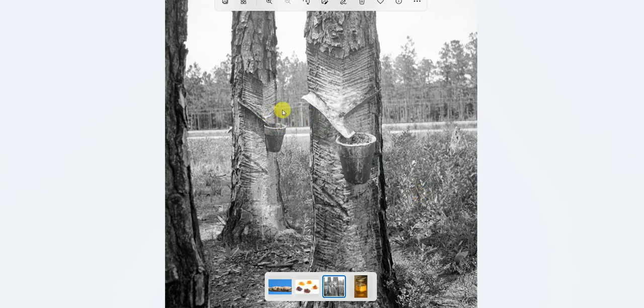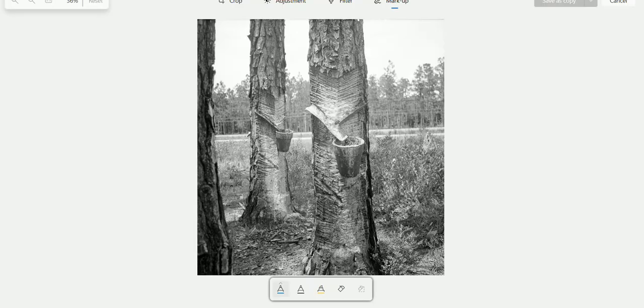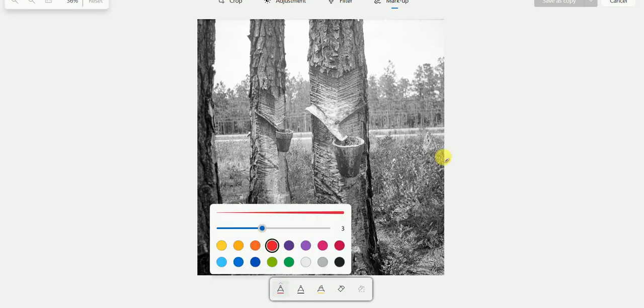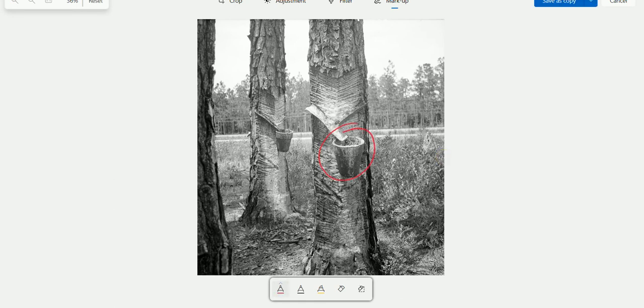See here in this case, the bark of the pine tree is peeled off, and here we are putting a container, and the fluid is collected here in this jar. It is processed and distilled to get the turpentine, and it is used in different ways.